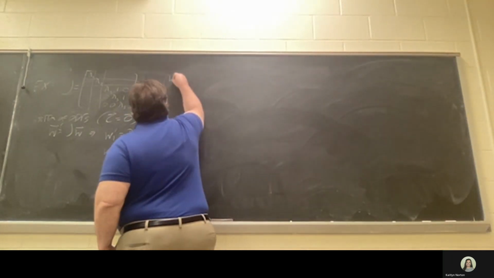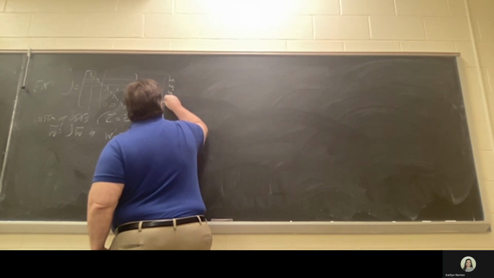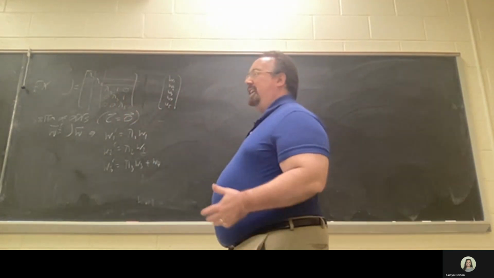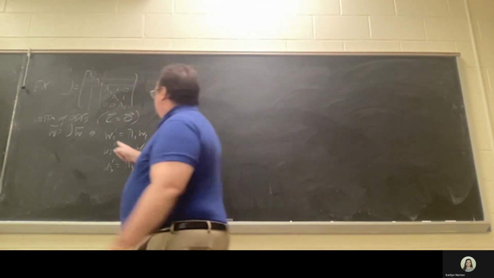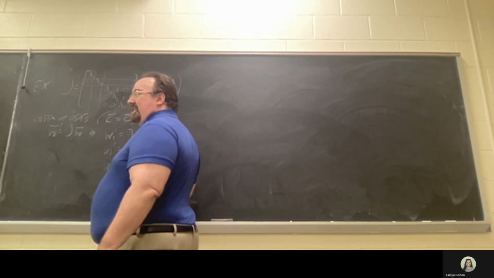So I'll just draw a right vector here. It's not really supposed to be part of this equation, but so you can carry out the multiplication. This is W prime over here, this is JW over here.